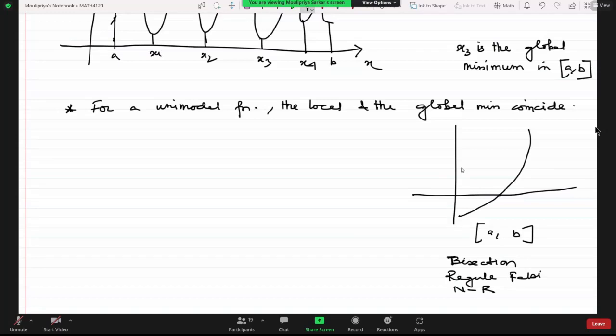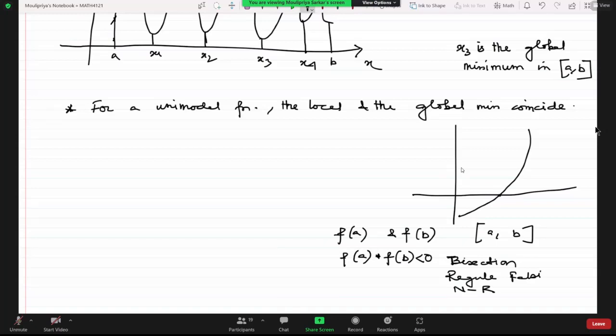Do you remember the rule by which we chose it? Bisection, regula falsi, Newton-Raphson are all based on this particular technique, the tool we use to find the interval that brackets the root. We used to find FA and FB, and they should be of unlike signs. Exactly. If FA into FB is less than 0, that implies FA and FB lie on opposite sides of the x-axis. So it is obvious that the curve is going to intersect the x-axis at least once between A and B. Am I okay with this?